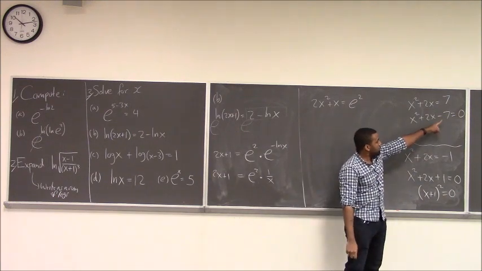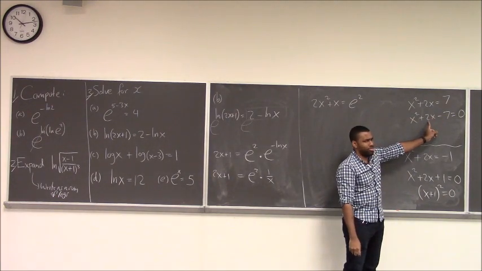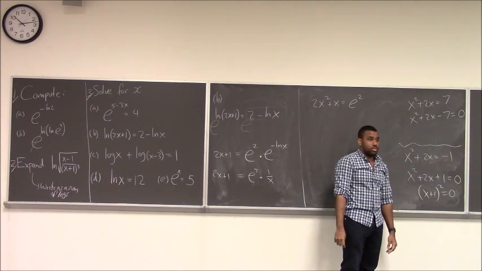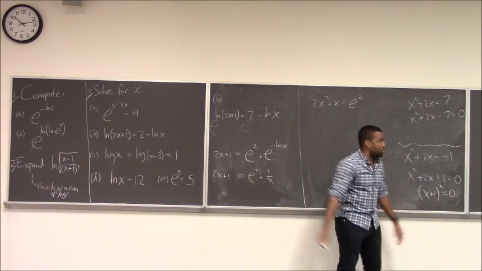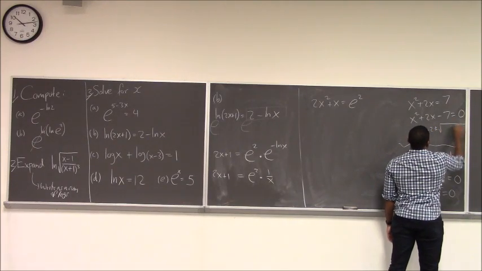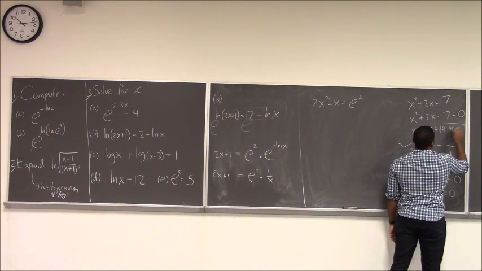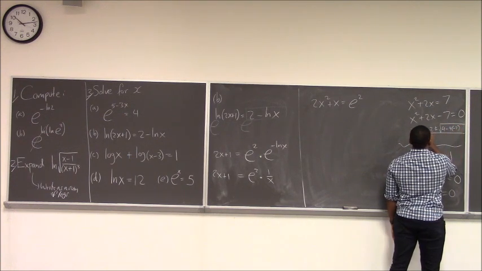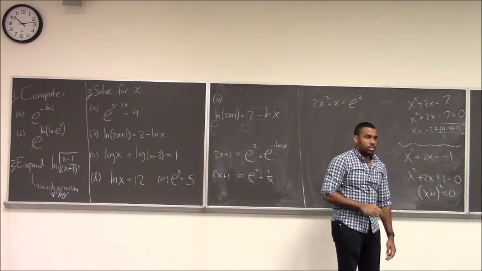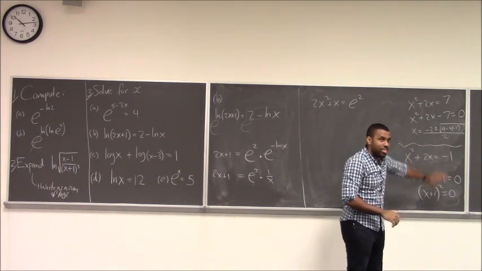You have to think of two numbers that multiply to give you 7 and add to give you 2. No, right? So now I'd use the quadratic formula. It's minus b plus or minus the square root of b squared minus 4ac, all over 2a. Okay, so we know how to do that.